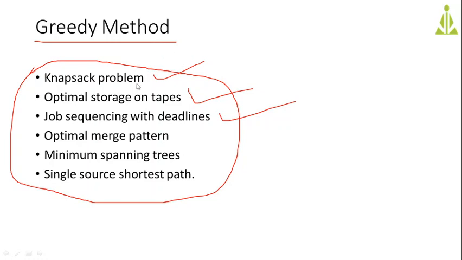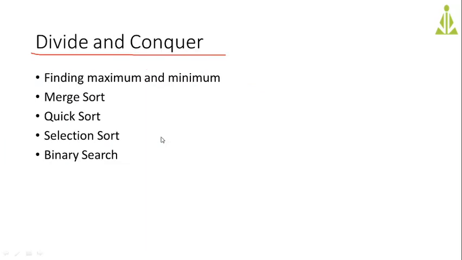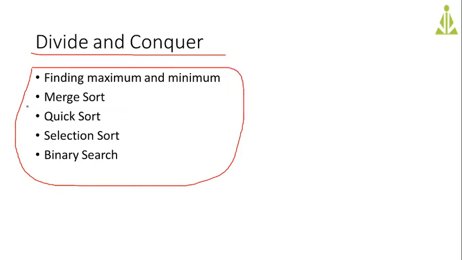Then in the third unit, the fourth unit, the fifth unit, we'll see dynamic programming and the branch and bound technique. We are going to learn all those things in the coming classes. So this unit 2 is very important, and it will be very easy for you because you have already learned this in C programming as well as C++.